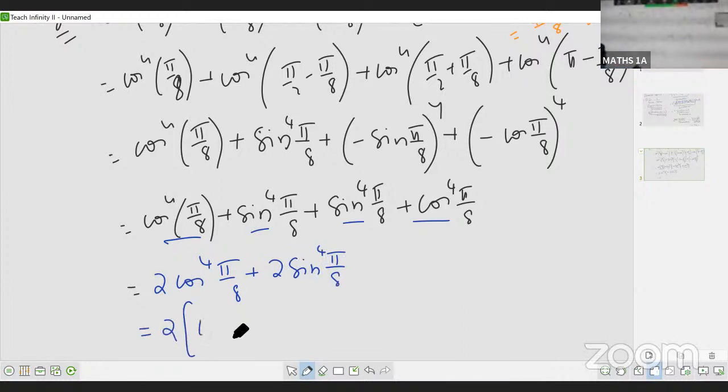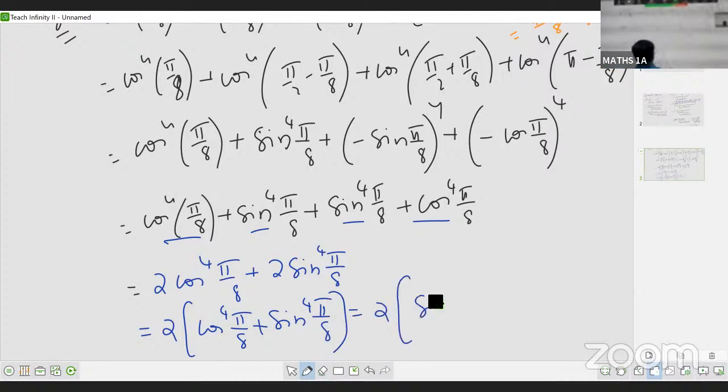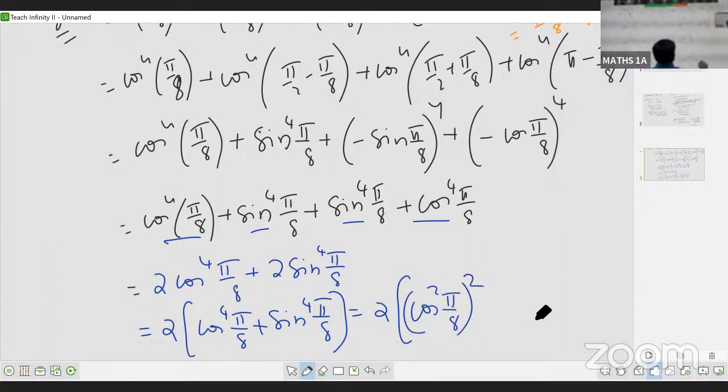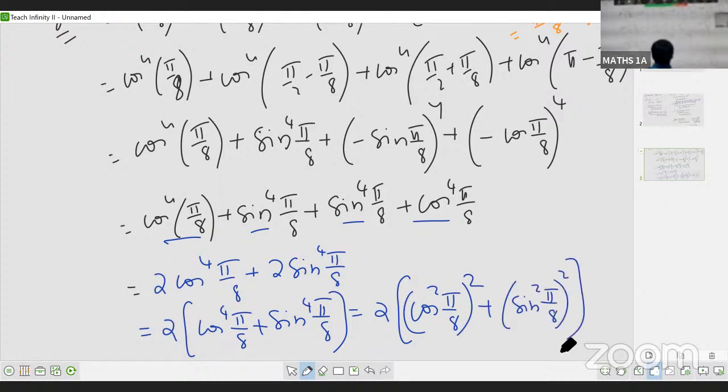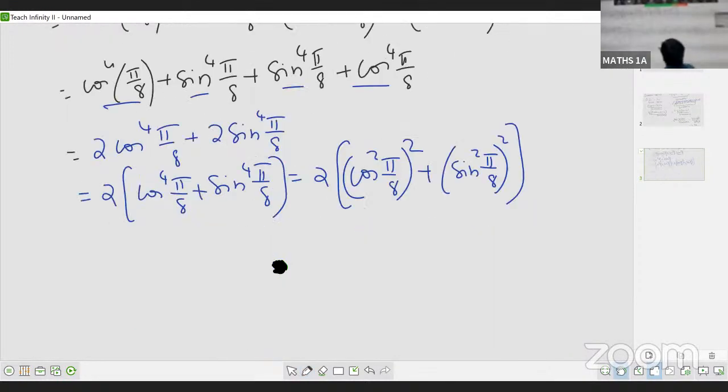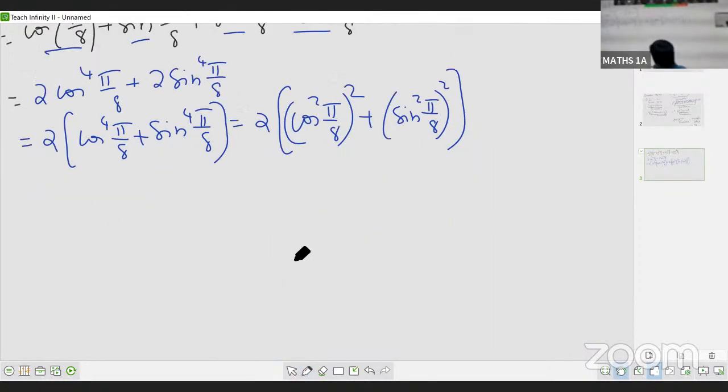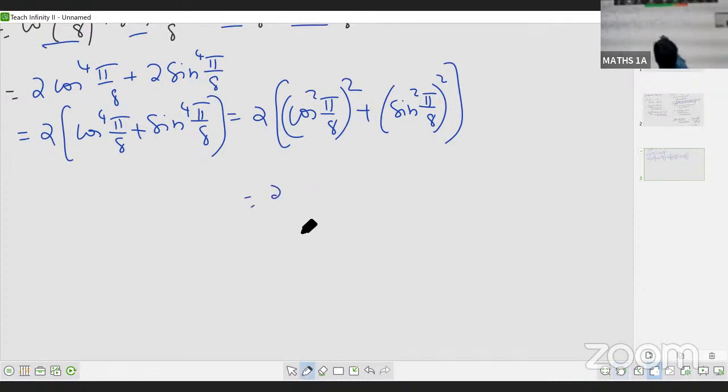2 common. Cos power 4 pi by 8 plus sine power 4 pi by 8, that is 2 into cos square pi by 8 whole square plus sine square pi by 8 whole square. This is how you are going to do. Is it clear? See the simplification here. That is 2 into, how does it look?